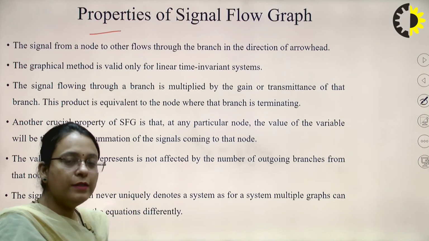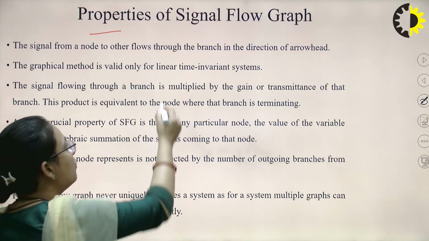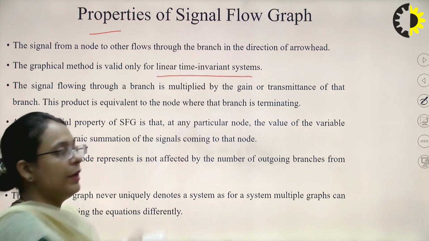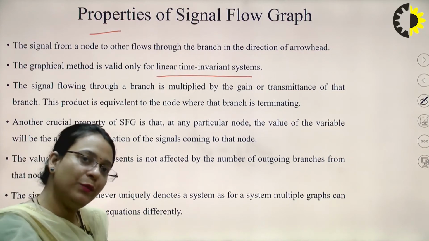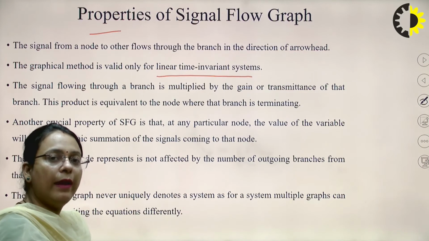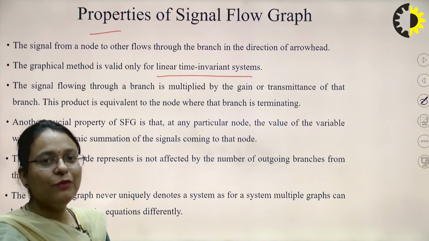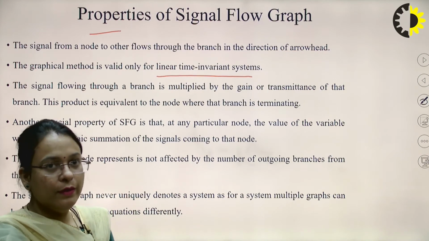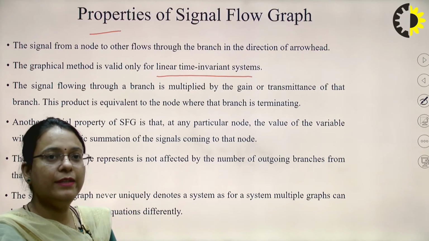This signal flow graph is applicable only to linear time invariant systems. That is, linear systems, systems which do not vary with time, and systems which obey Ohm's law are applicable for the SFG.